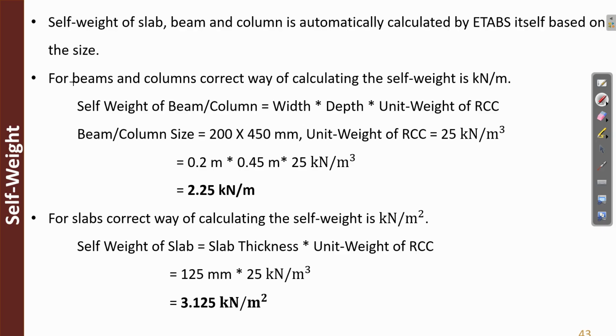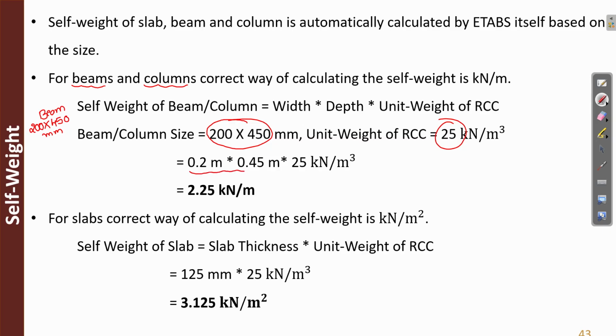Even though self weight of beam, slab and column are automatically calculated by ETABS, we will see the correct way of calculating the self weight for beams and columns. So let us assume you have a beam of 200 mm by 450 mm. Unit weight of RCC is 25 kilonewton per meter cube.